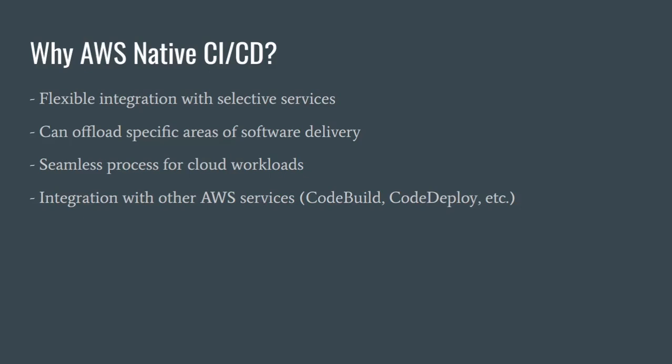Plus, wiring them together with CodePipeline is a smooth, integrated process. For cloud environments, this modularity gives you the freedom to offload specific areas of your software delivery process without an overhaul. AWS's seamless integration with its services brings huge value when your workloads are already in the cloud.